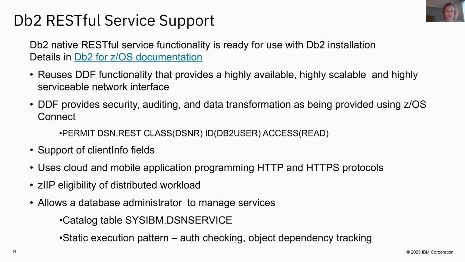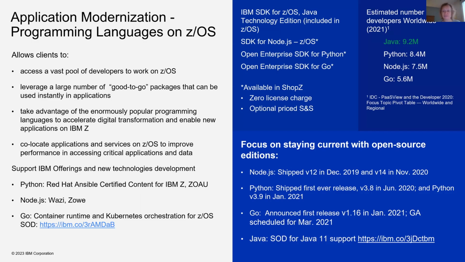Okay, so this is RESTful service support, which is, I think, obvious when I talk about modernizing access to Db2 data, especially now focusing on Db2 for z/OS. The next topic is also very hot right now.